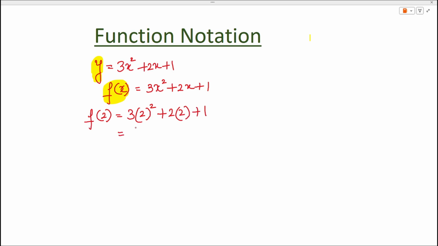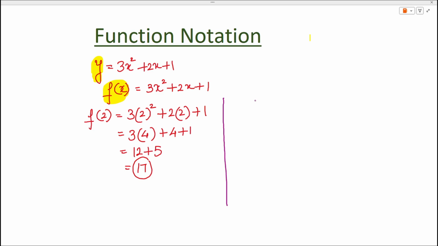Solving it, it will be 3 times 4 plus 2 times 2, which is 4, plus 1. We have 3 times 4, 12, plus 4, plus 1, is 5, and this is equal to 17. So f of 2 is 17.